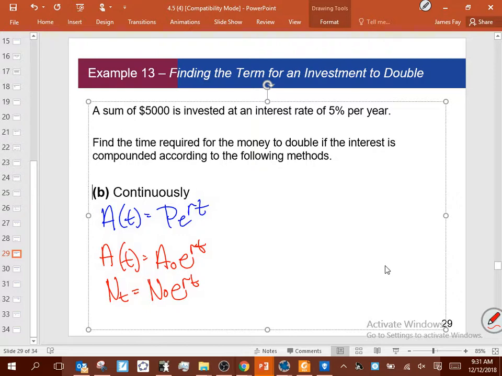Does that make sense? When bacteria, cells, and viruses spread in a population, they don't wait a month to double right after that month elapses.